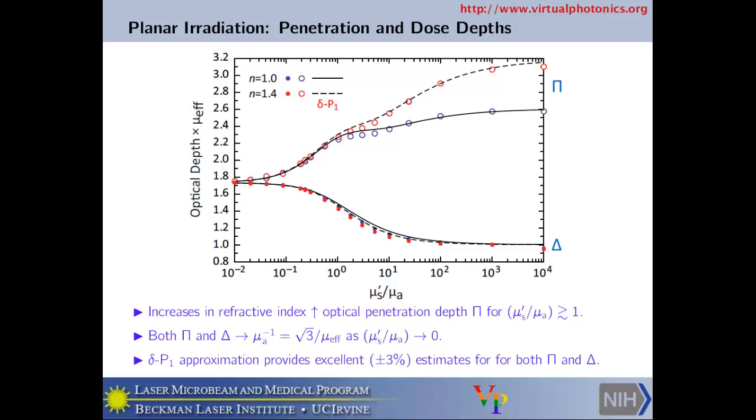When you use the diffusion approximation, you try to keep a constraint on source detector separation to be greater than a certain number, typically 5 millimeters or more. And if you had P1 approximation or delta P1 approximation, could you get over that constraint and just use a smaller separation? Sure. Delta P1 definitely allows you to model smaller source detector separations better.